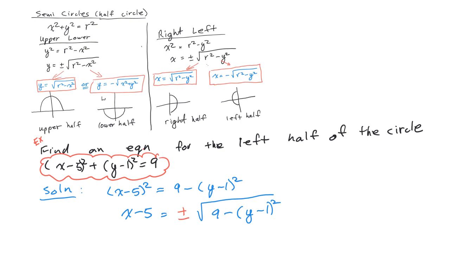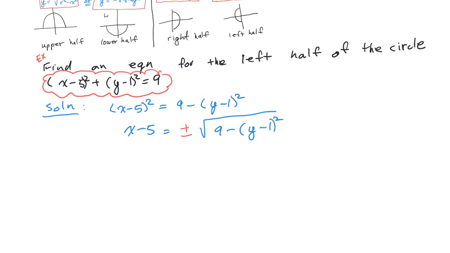Now that I have that, I can isolate x just like I did right here. I can get x by itself by taking the minus 5 and bringing it over in front of the plus or minus. So now we're going to have x is equal to 5, plus or minus the square root of 9 minus (y minus 1) squared.